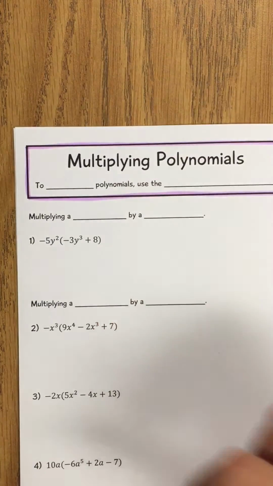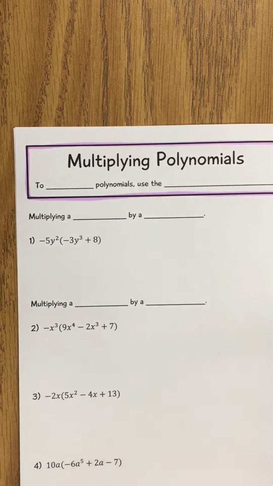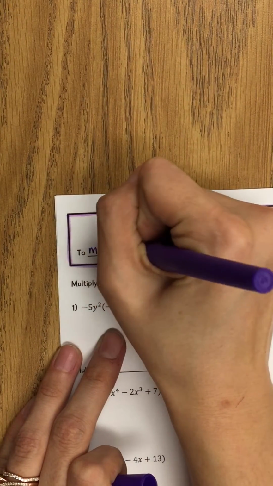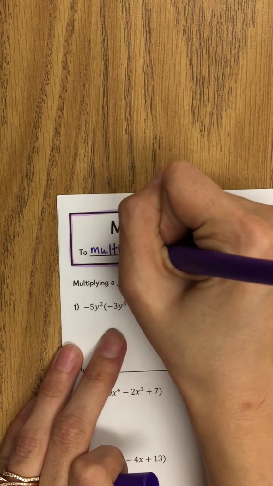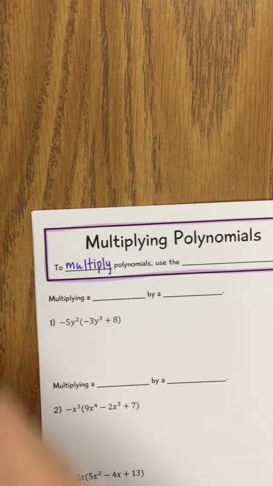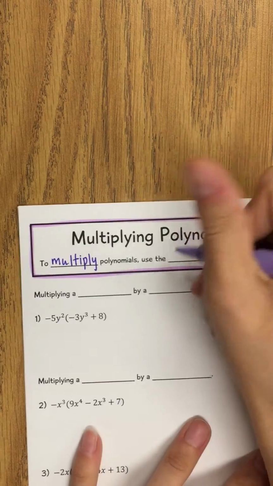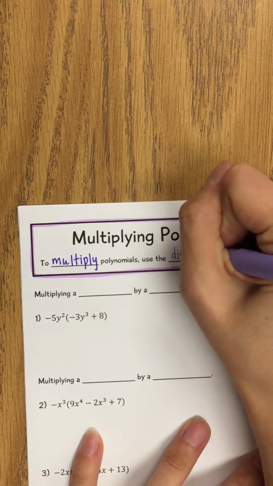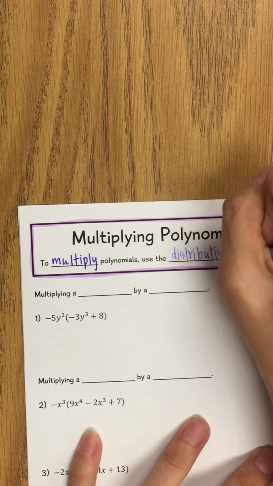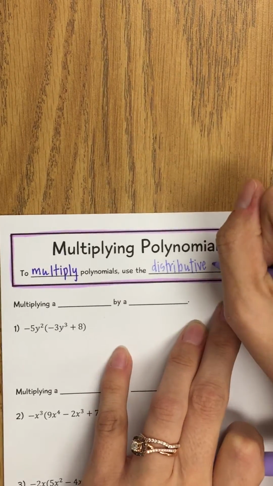So our blanks for this set of notes, there's actually not very many. Your first blank is the word multiply. To multiply polynomials, use the distributive property.